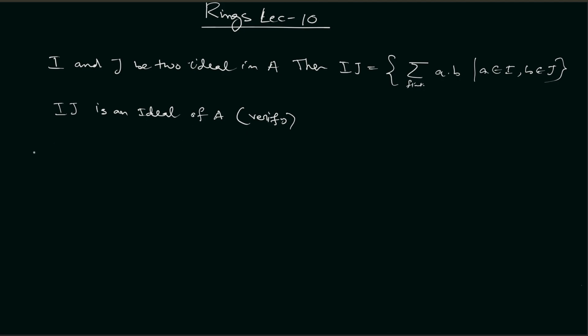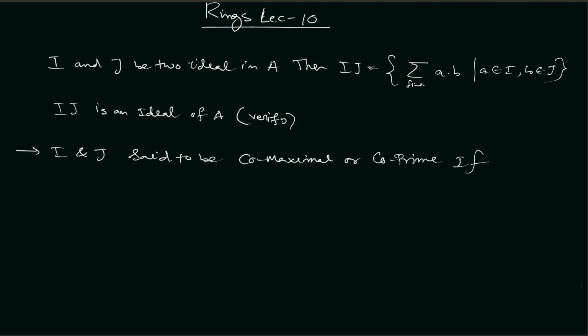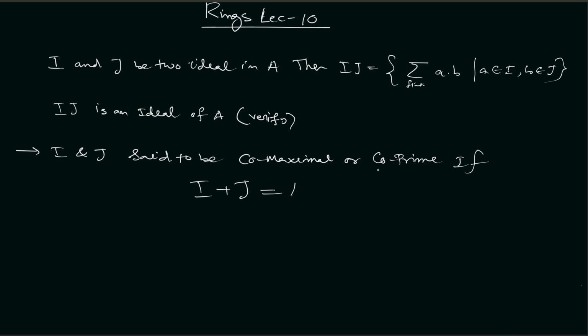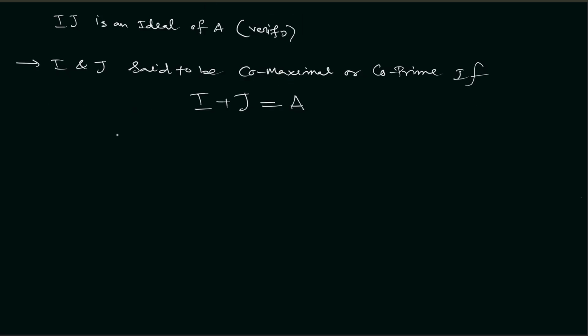If you have two ideals I and J, they are said to be co-maximal or co-prime if the ideal I plus J is equal to the entire ring A. Then we say that I and J are co-maximal, or co-prime.